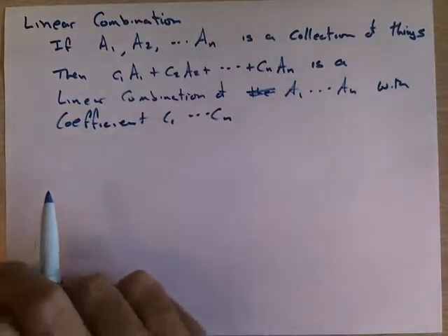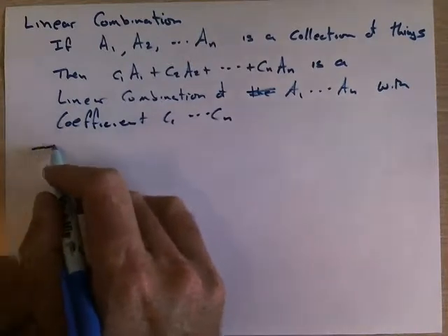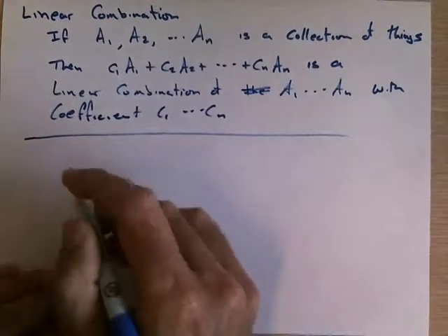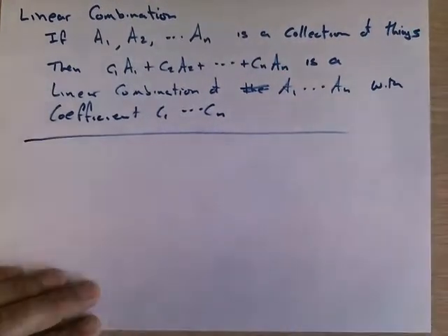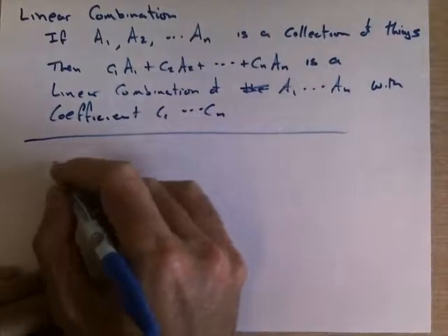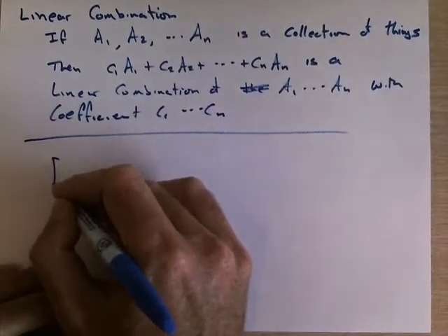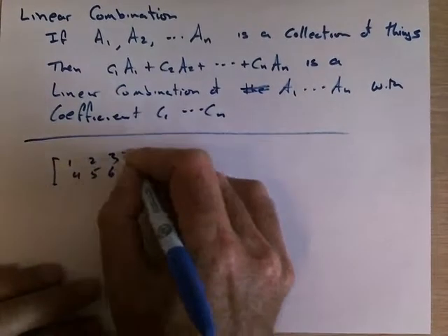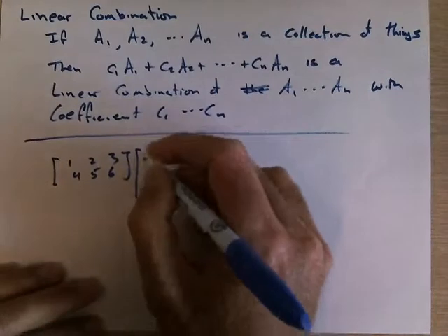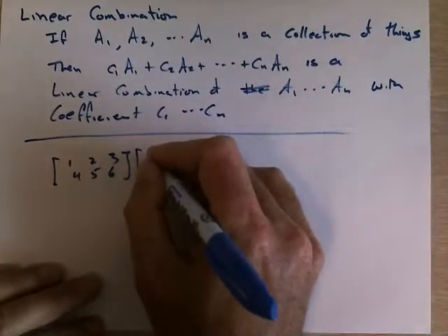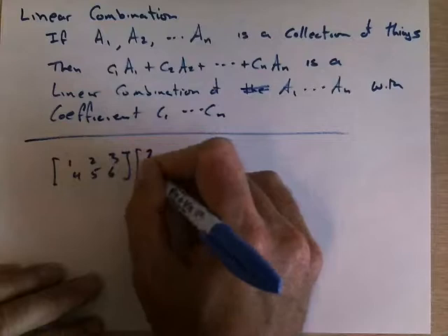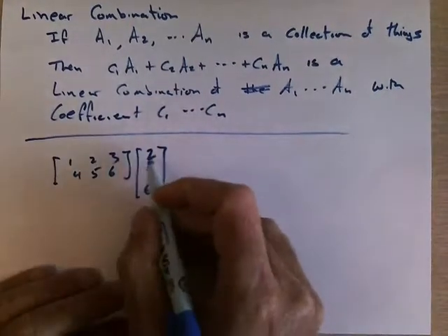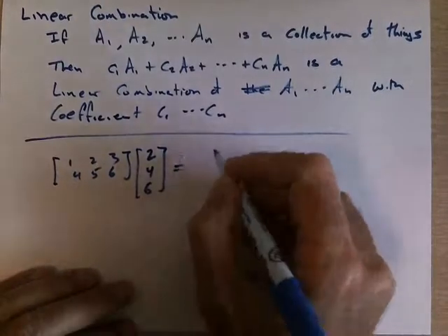They talk about it here because they notice that in talking about matrix multiplication, let's do a fairly simple one here: 1, 2, 3, 4, 5, 6 times a column matrix, let's do 2, 4, 6. The way we defined it looked like this.